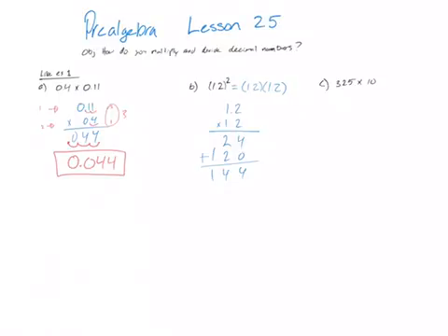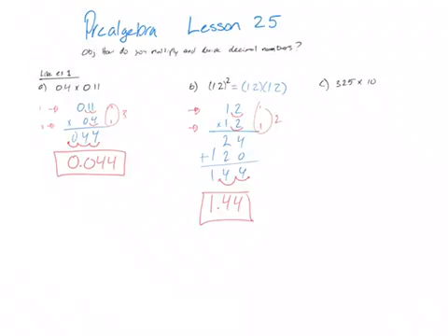On my first row, I have 1 decimal place. On my second row, I have 1 decimal place. 1 plus 1 is 2, so I'll move the decimal over 2 places. So my answer is going to be 1.44.